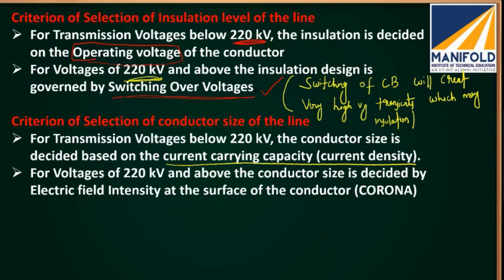For voltages beyond 220 kV, the conductor size is decided based on the electric field intensity surrounding the conductor surface. Electric field intensity at the surface of conductor, this is called as corona. So beyond 220 kV, the size of the conductor is decided by corona factor. These are very important points.